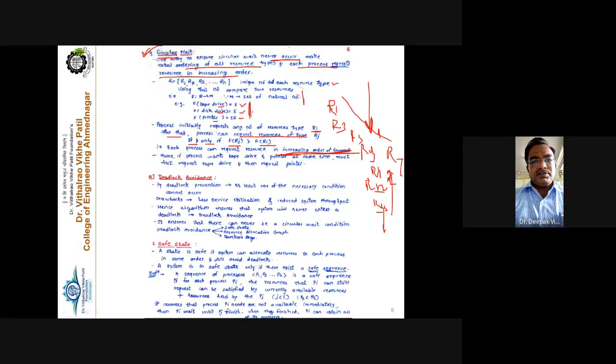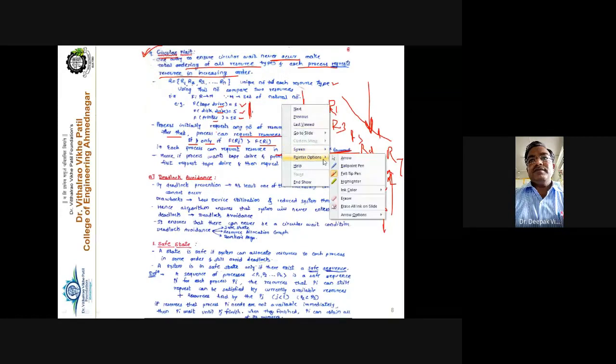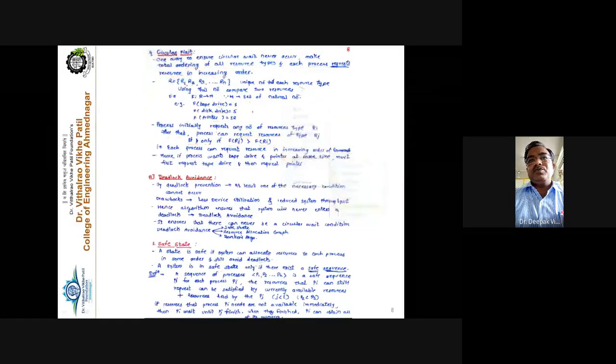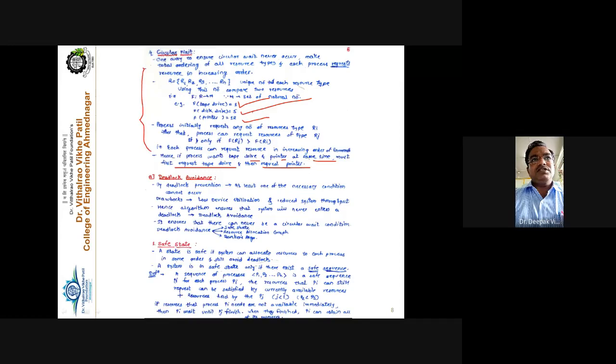So if the process wants a tape drive and a printer at the same time, it must first request the tape drive and then the printer. First request the tape drive, then the disk drive, and then the printer device. Getting this point? With the help of this, we are able to successfully prevent the circular wait condition.